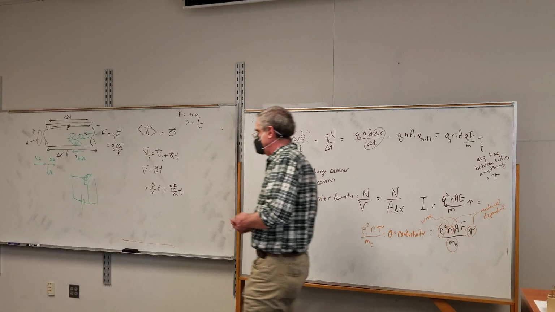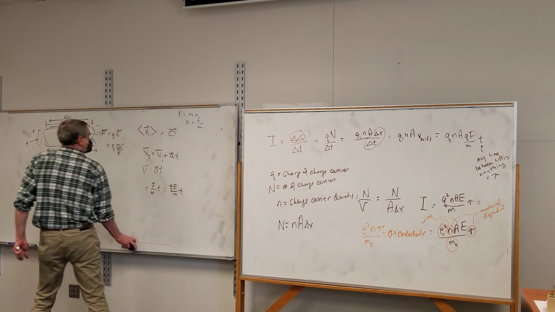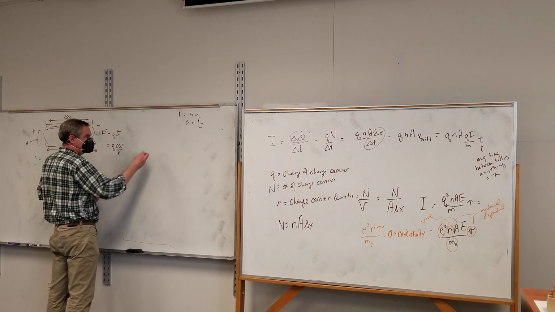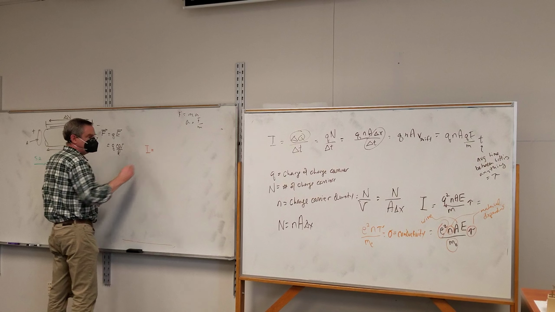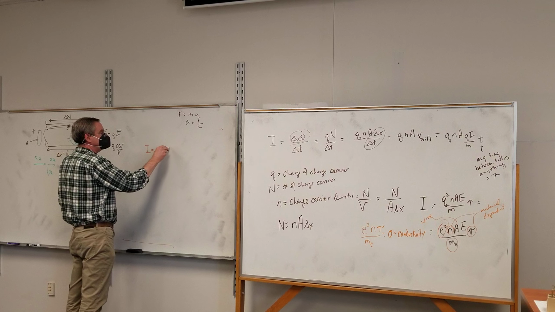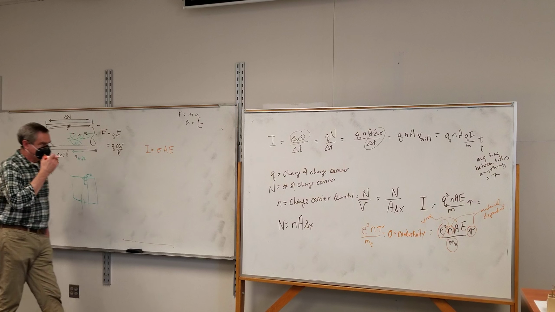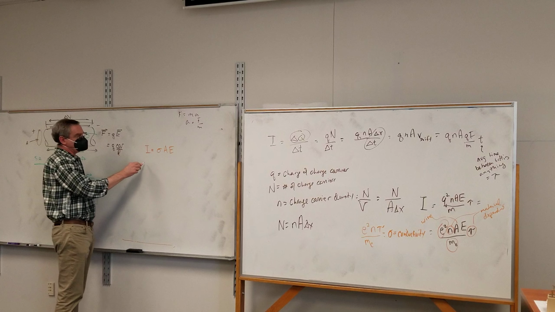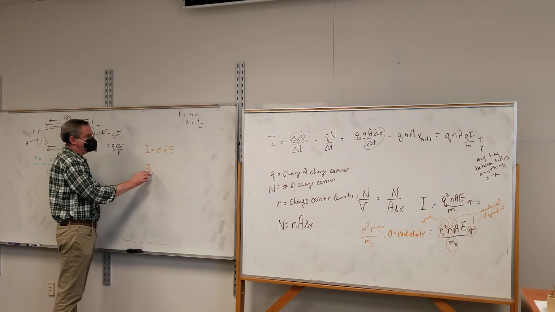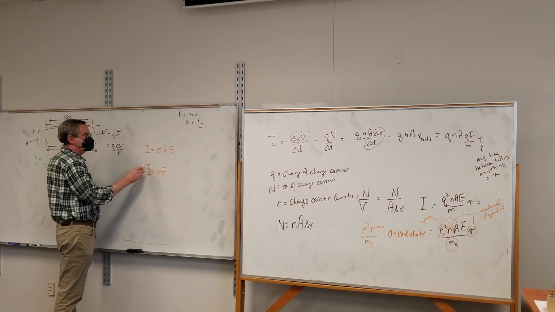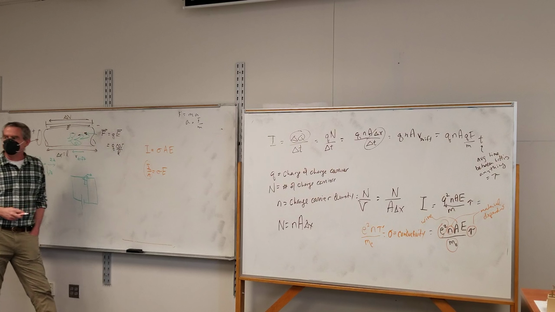So I've now simplified. My current is just sigma A E. If I divide both sides by A, I get I over A. This is a side note, not where I want to go ultimately, but this is current per area.